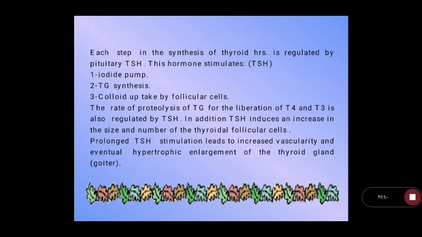A prolonged TSH stimulation leads to increased vascularity and eventual hypertrophic enlargement of the thyroid gland, which is called goiter. When TSH stimulation continues for long periods, the blood supply to the thyroid gland increases and its size increases, which clinically is called goiter. What is goiter? It is an enlargement.